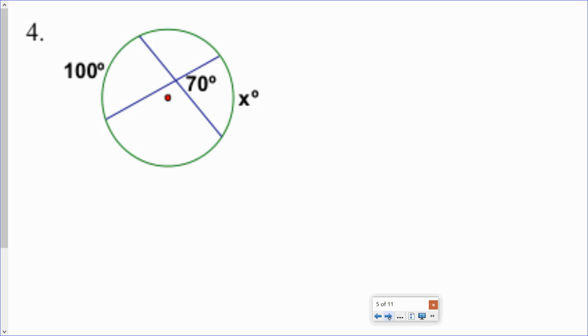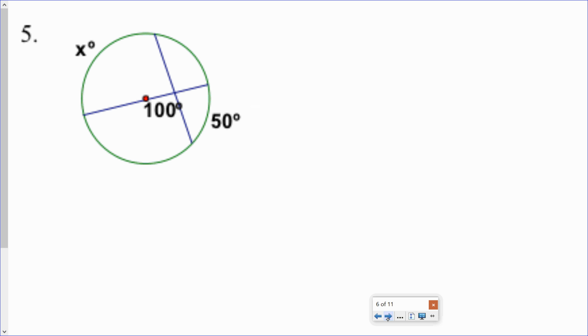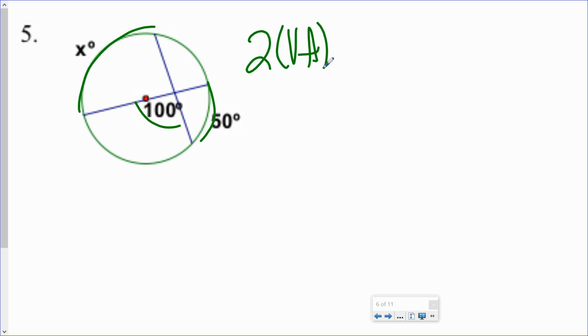Let's see the little twist on number 5. In number 5, I see arcs and angles. So I know I'm going to use 2VA equals arc plus arc since everything's inside. Now here's the twist on number 5.